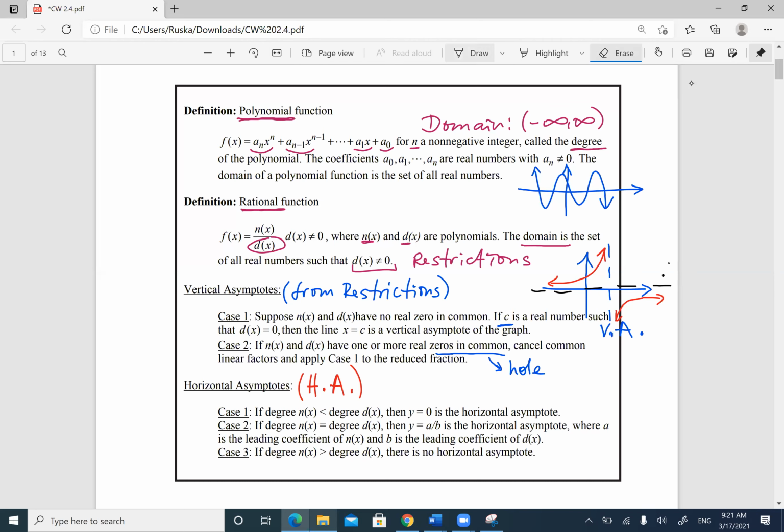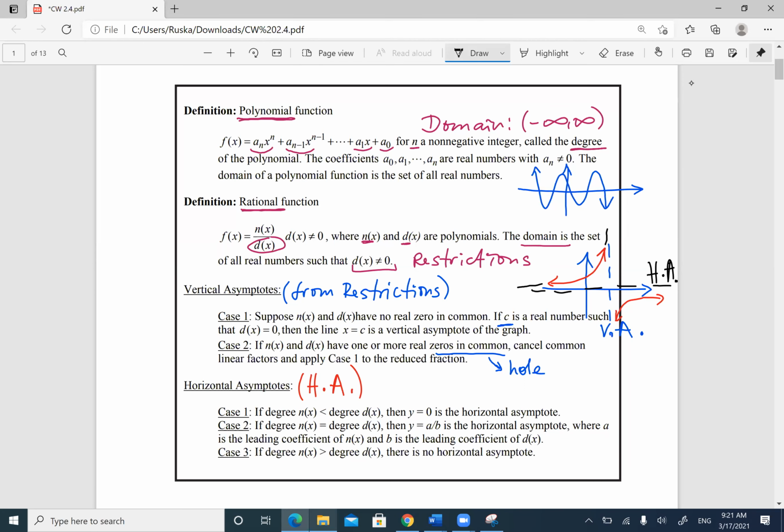So horizontal and vertical asymptotes are horizontal or vertical lines where the graph is going close to, but you never cross it. So see, the graph is going close to the vertical asymptote, so it's going close, but you never cross the vertical asymptote, okay? The same way, the graph is going very close to the horizontal, but you don't cross it. So that's the idea about horizontal and vertical asymptotes.